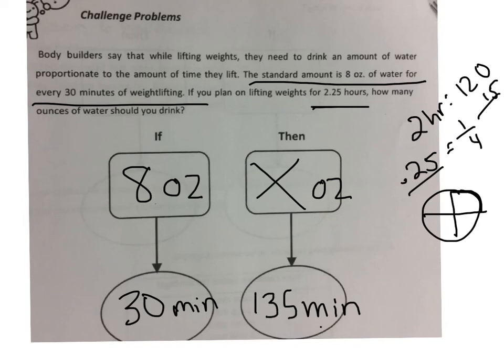Except, we cannot tell what's happening on the bottom, so that doesn't help us. I also can't tell what's happening from 8 to 30. So to get that missing number, I can always multiply across. If you take a calculator and type in 135 times 8, and then divide by 30, you'll get your answer. And the answer is 36.